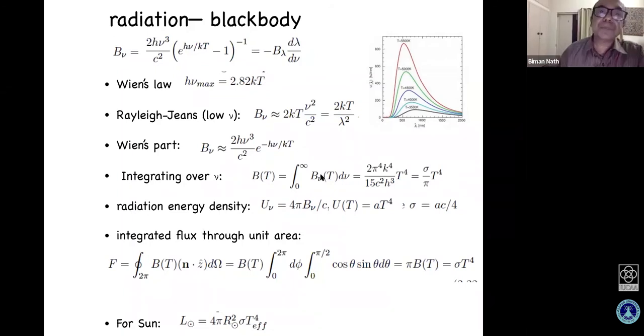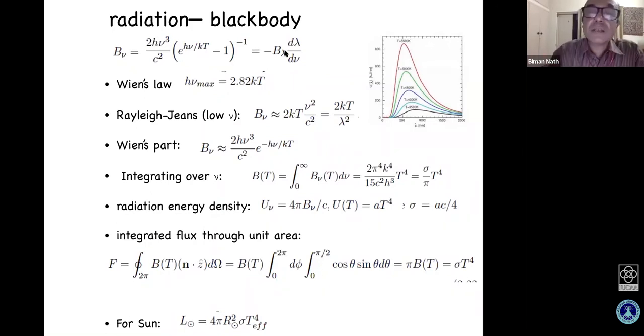By the way, you might want to ask the students at this point that when you actually maximize, which means you are basically taking a derivative and putting it to 0, and that's how you find a maximum, the derivative of B nu with respect to nu and the derivative of B lambda with respect to lambda may not give the same frequency or wavelength.